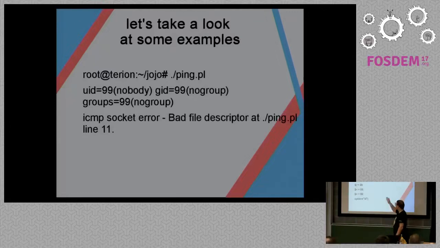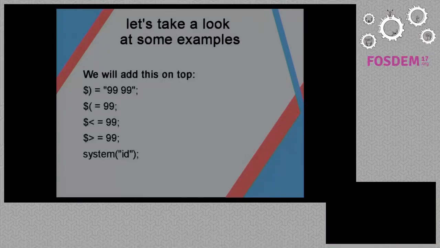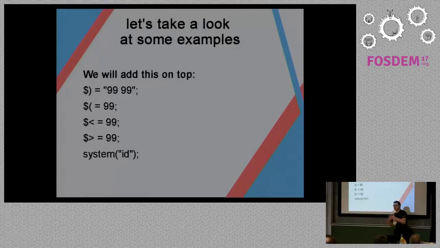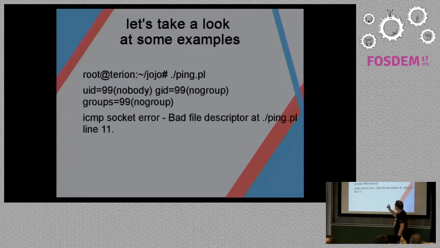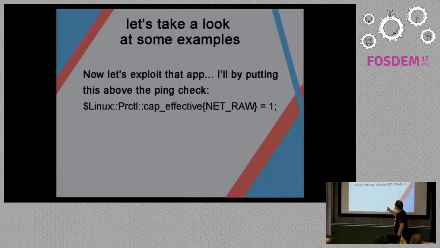This is because you're now user ID 99, a normal user, and it doesn't have the capability CAP_NET_RAW. When you have this capability, you can actually create this socket without having root access.